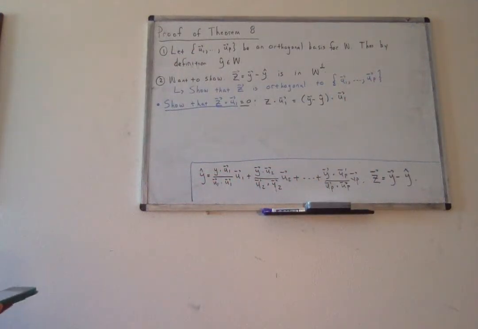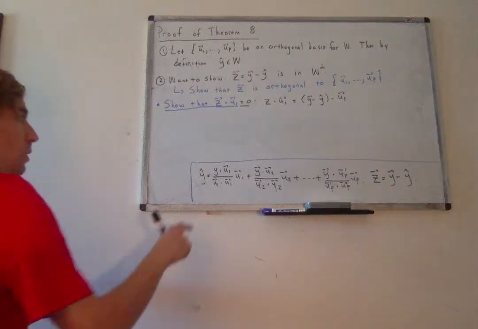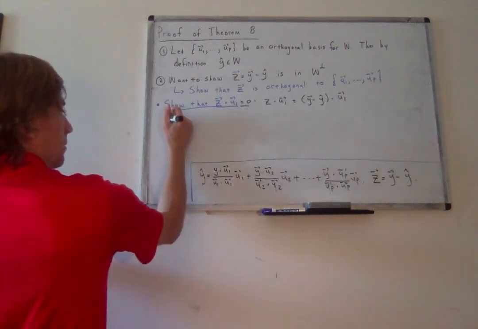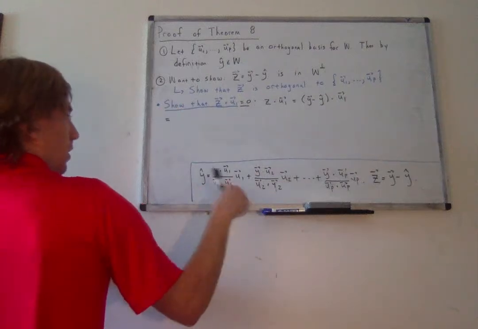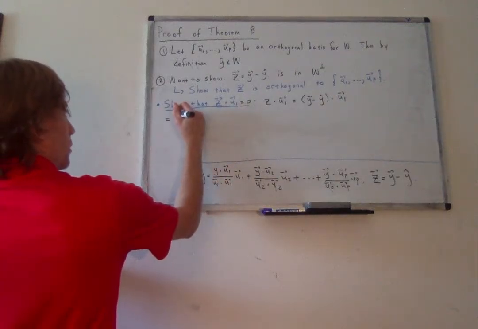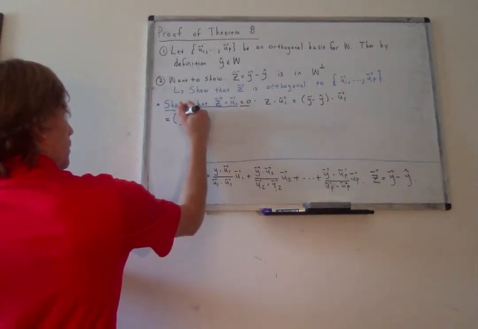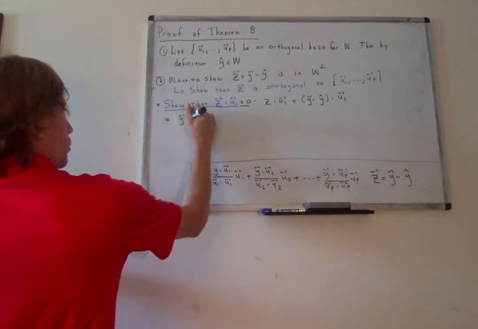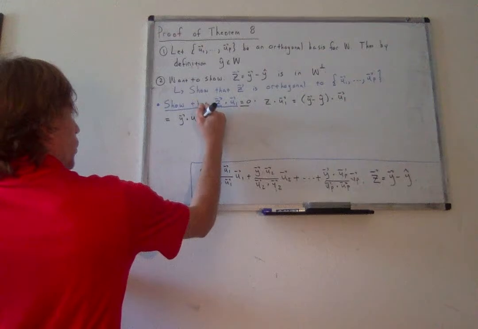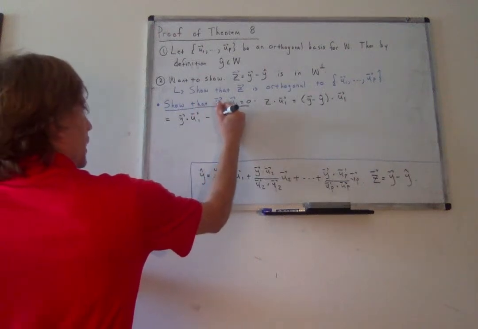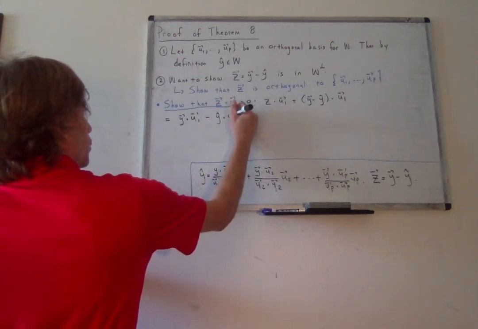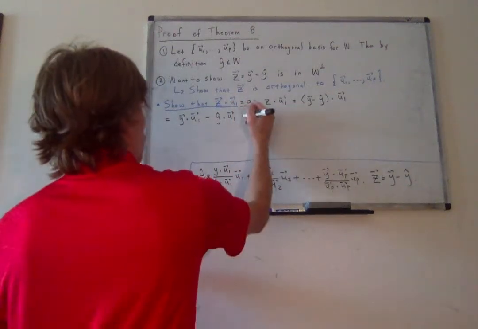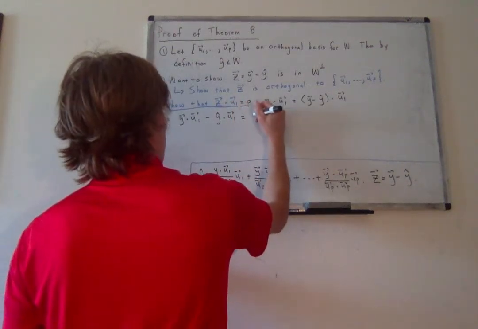All right, so why does that help us? Well, we've defined y hat to be this following vector. Maybe I'll distribute these two vectors through. So this is equal to y dot u1 minus y hat dot u1. Now I'm going to substitute in for y hat.